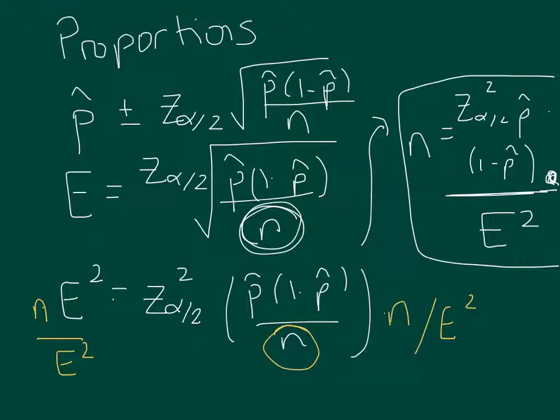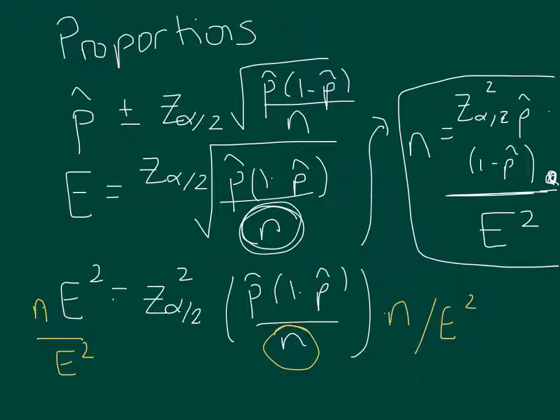In doing this, the thing you're supposed to know is p hat. If you have no idea about what p hat is, because that normally comes from our sample and we haven't taken a sample yet, it doesn't necessarily make sense that we would know it going into the problem. But what we can know is maybe some past statistic, and we can use that for p hat if it's given.